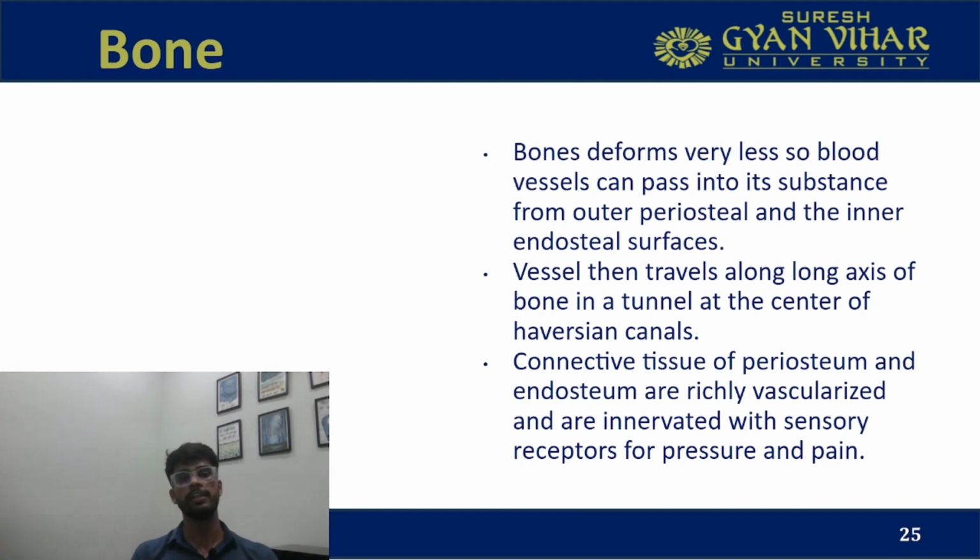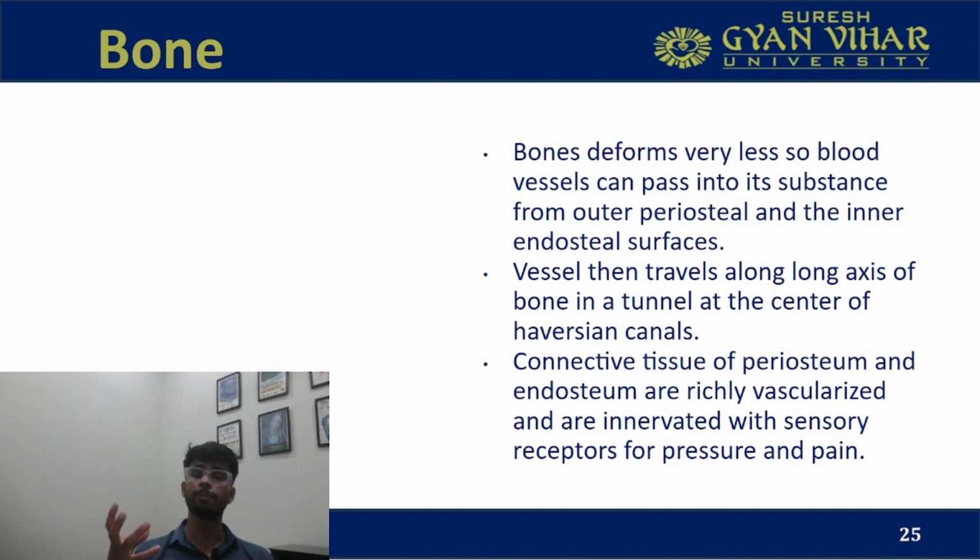The connective tissue of the periosteum and endosteum is richly vascularized. So the periosteum, which is the outer layer, and the endosteum, which is the inner layer, are very rich in blood supply, and they are also innervated with sensory receptors for pressure and pain. Let me give you an example. You must have heard about MTSS, medial tibial stress syndrome, in which there is inflammation of the periosteum layer.